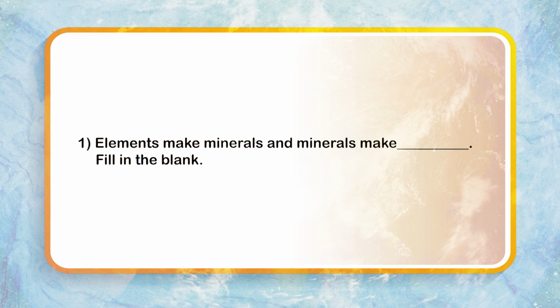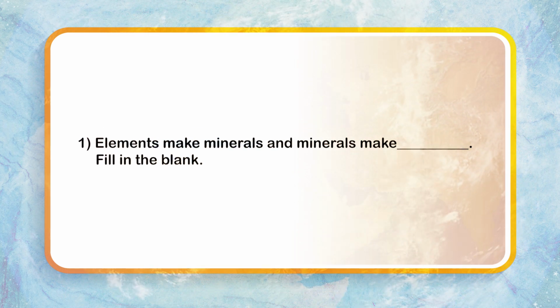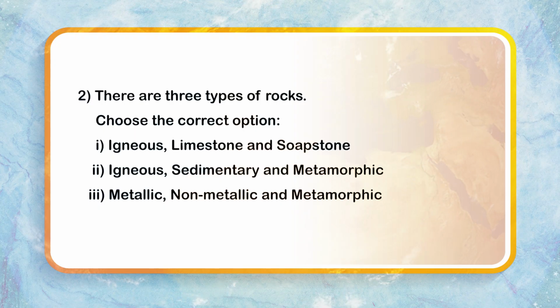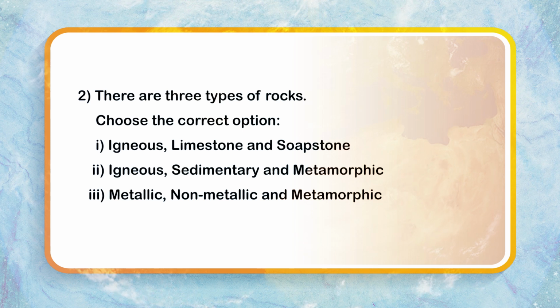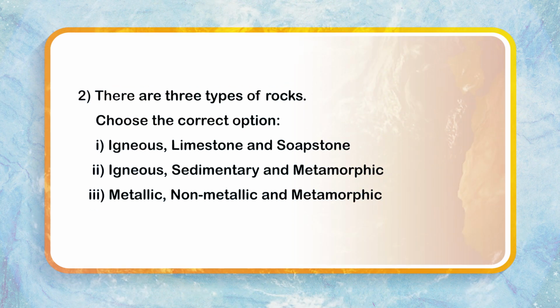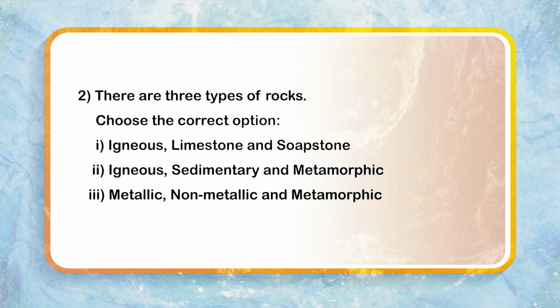Let me now check whether you have understood what we discussed today with the help of few questions. The first question is, elements make minerals and minerals make blank. Fill in the blank. The second question is, there are 3 types of rocks. Choose the correct option. The first option is igneous, limestone and soapstone.